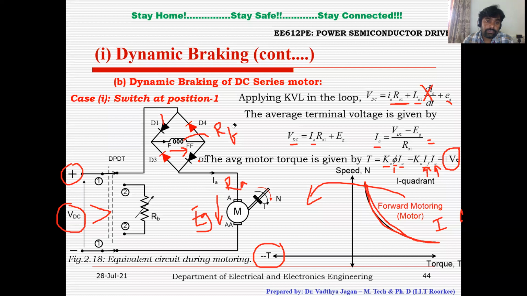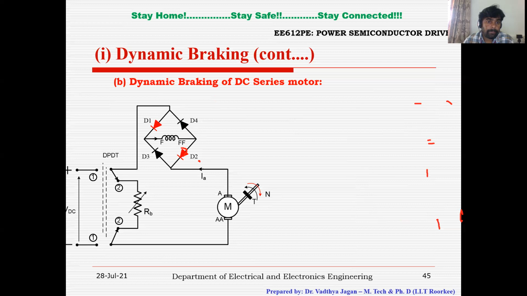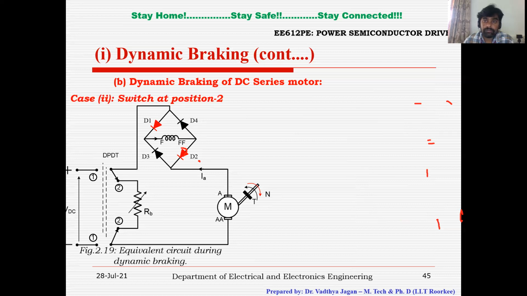So let us go on to the next slide, where the switch is moved to position number 2. Now the armature is disconnected from the source and connected to the external resistance RB.